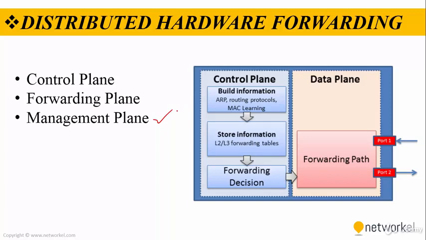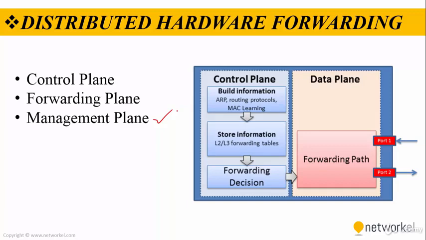The control plane is responsible for the protocols and routing decisions, and the forwarding plane is responsible for the actual switching and routing of the packets. The control plane also programs the forwarding plane about how to route packets.